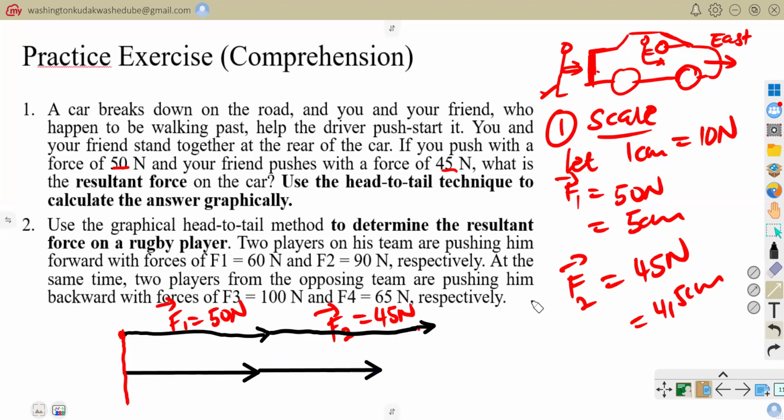Now, I've drawn my first vector, which is 50 newtons, and my second vector, which is 45 newtons. So now I need to draw my resultant. My resultant has to start where I started, and then go where I ended on my second vector.